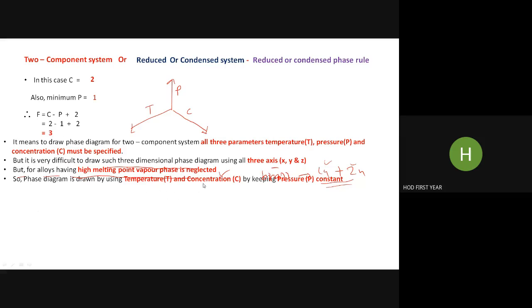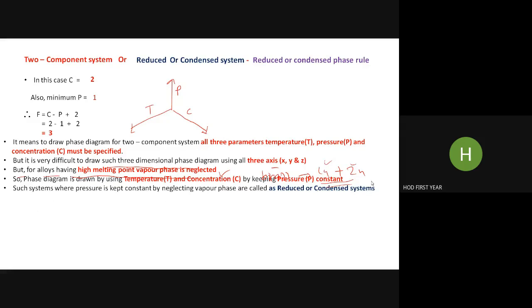We should understand the difference between the water system and this two component alloy system. Here we selected temperature and concentration, and not pressure. Pressure is constant. Such systems where pressure is kept constant by neglecting vapor phase are called reduced or condensed systems.